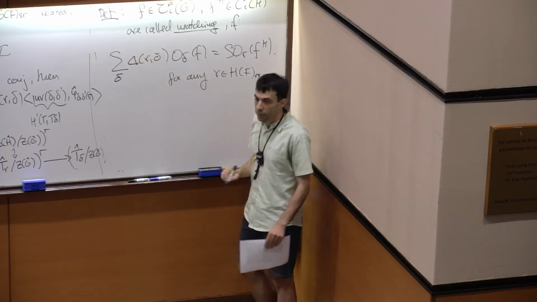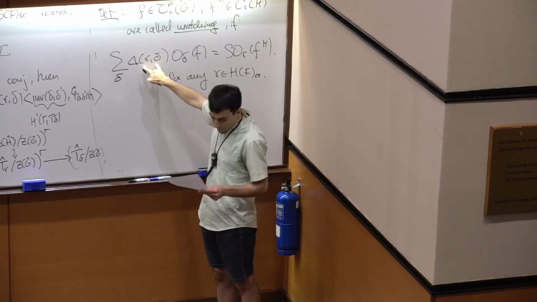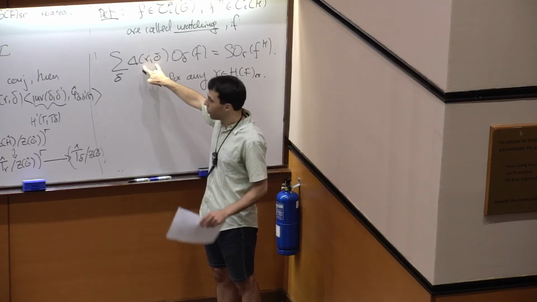But for finitely many this will be non-zero. And I wanted to make the example of what happens in the case of SL2.